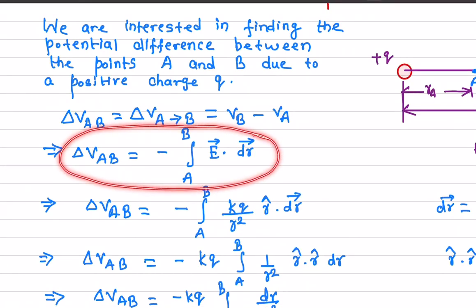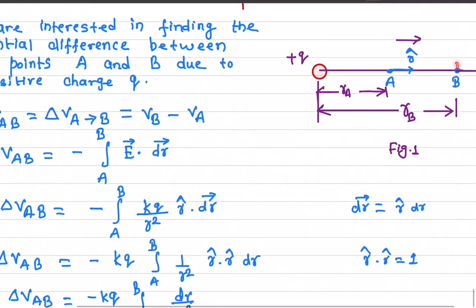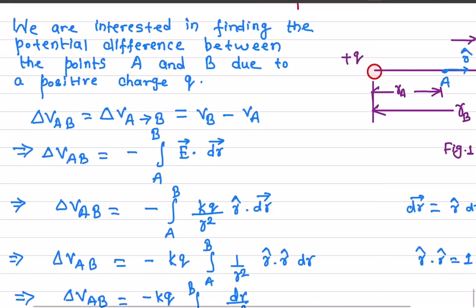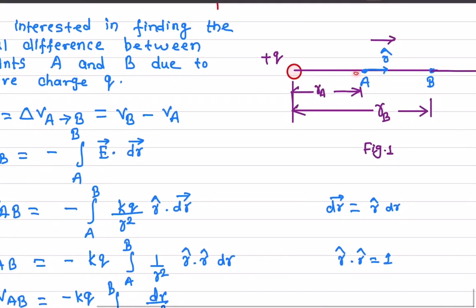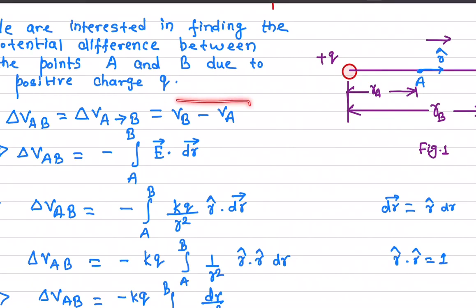So in order to calculate the potential, if you recall the formula, this is the formula for calculating the potential difference. ΔV_AB means the potential difference between point B and point A. That's how it is defined here. If you go from point A to point B, this is the potential difference.